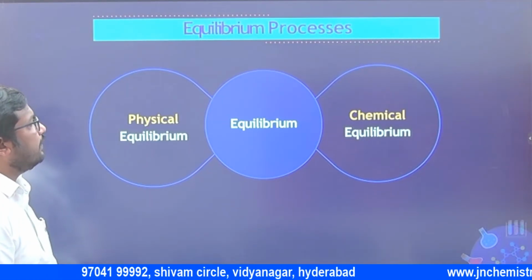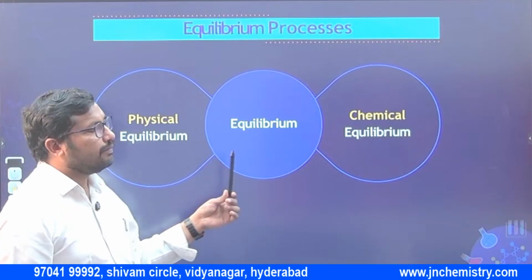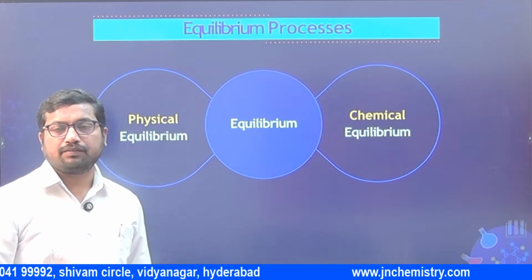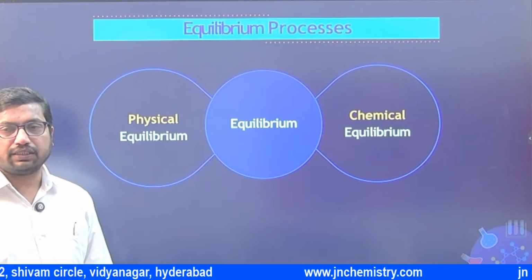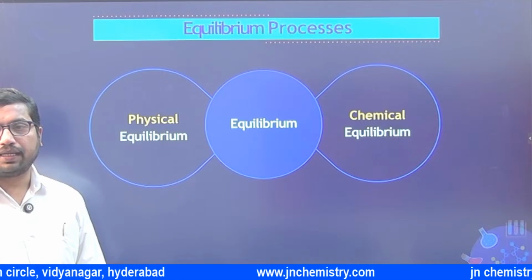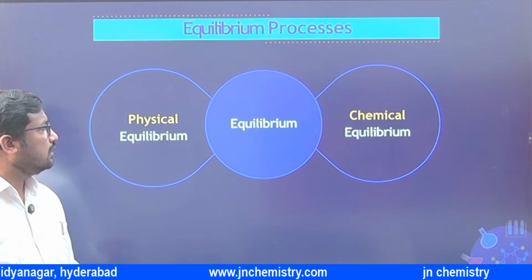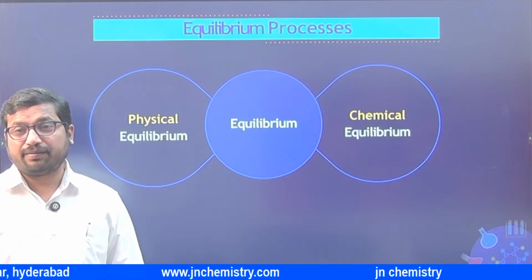Next, one more classification of equilibrium: physical equilibrium and chemical equilibrium. Write it down. What is the difference between physical equilibrium and chemical equilibrium?